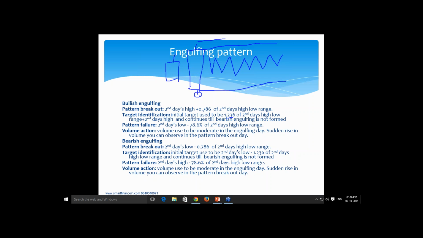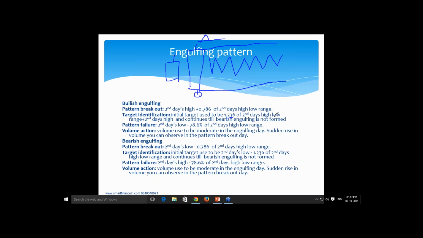And what is the volume action? That is also very, very important. As I told you, without looking into the volume action, many candlestick pattern studies never complete, or those studies are still considered wrong if you do not look into the volume part. Whatever volumes it has formed previously, the same volume it may maintain during the engulfing formation. Once the pattern gives a breakout, you will definitely find a rise in volume.